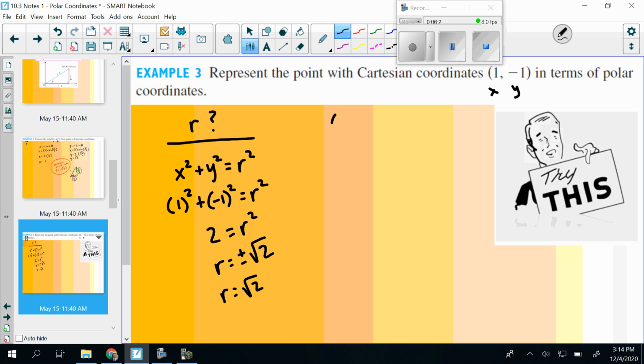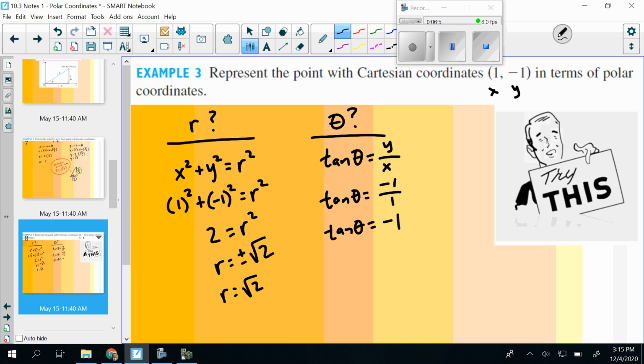All right, to find what that angle is, we're going to use that tangent of the angle would be equal to the y value, the opposite side, over the adjacent side, the x value. So filling that in, we'd get that tangent theta would be equal to -1 over 1, which is just tangent theta equal to -1. If we're going to solve that, we could do inverse tangent here to see what we get.